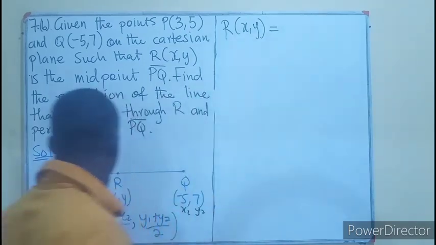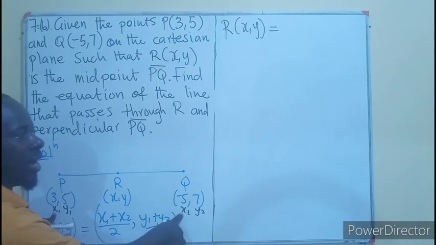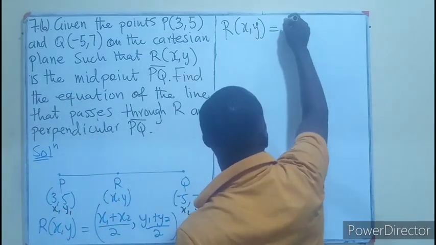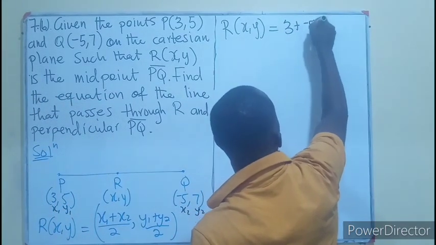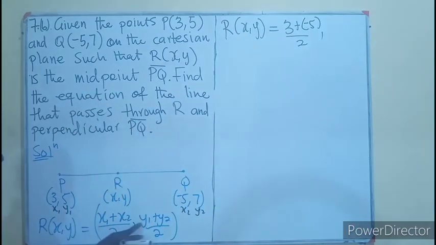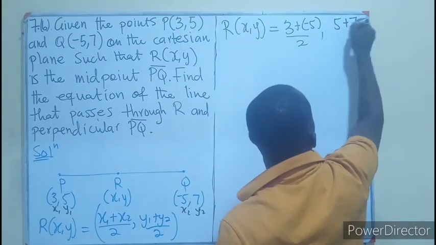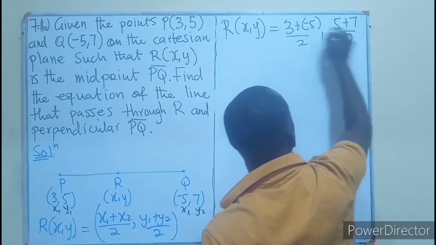R equals x1, which is 3, plus negative 5, divided by 2. Then y1, which is 5, plus y2, which is 7, also divided by 2.